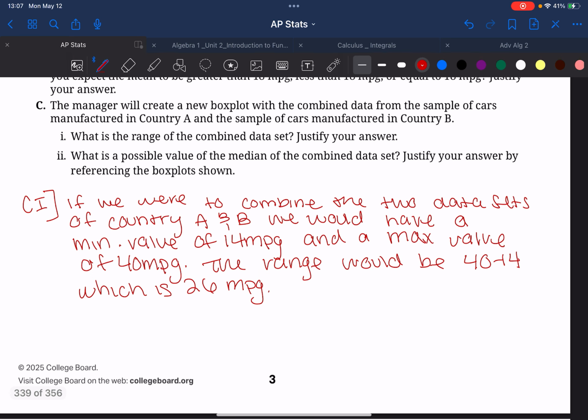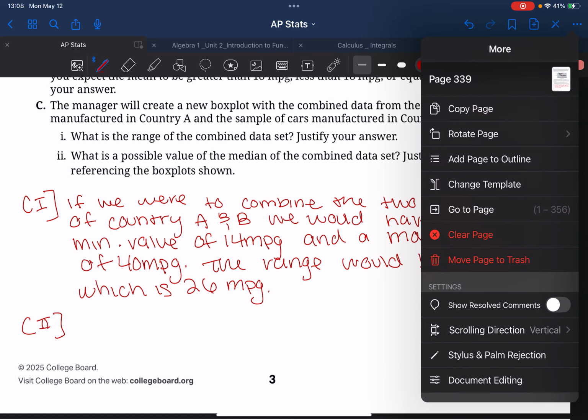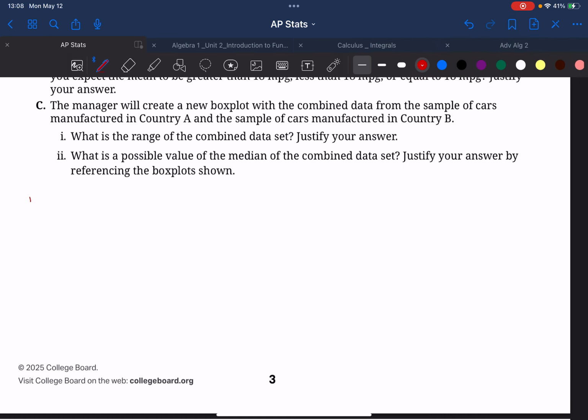And then C part 2 says, what is the possible value of the median of the combined data set? Justify your answer by referencing the box plots shown. In order to find this, I would look at the quartiles for each of the box plots. Let me clear this so I have more room to do part 2.